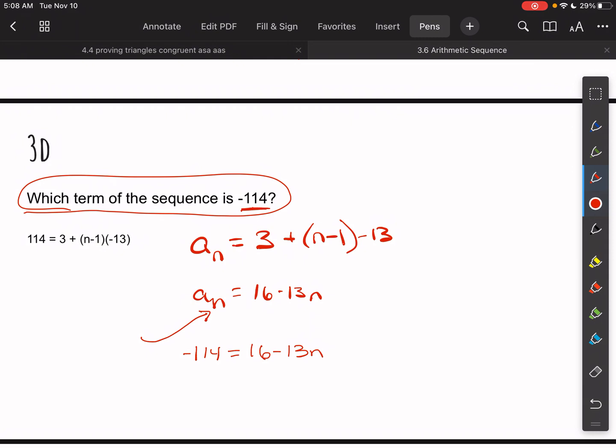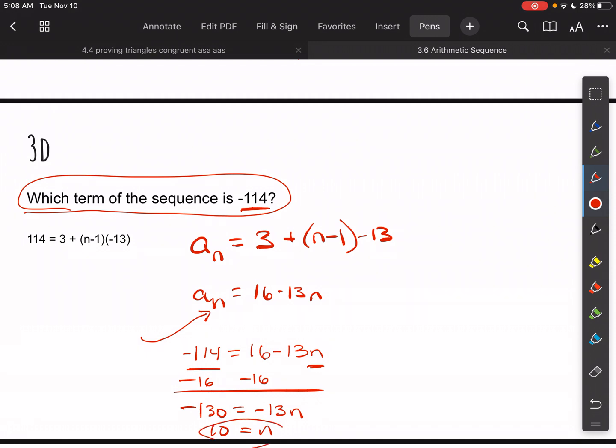We're going to find what n value, or what term, n represents the term, is negative 114. So we're just going to plug it in. When I do that here, I'm going to subtract 16 from both sides. I get negative 130 is equal to negative 13n. Divide both sides by negative 13, and n is equal to 10.